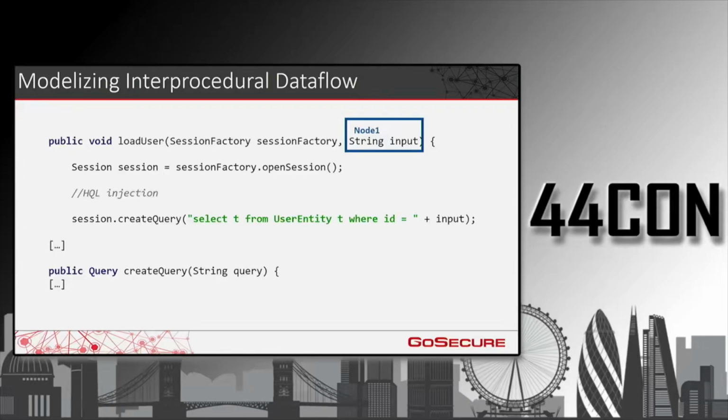So here in this short code sample, we have a method loadUser that will call the API createQuery. So this is a SQL query. And just for the sample call, we'll have 3 nodes.